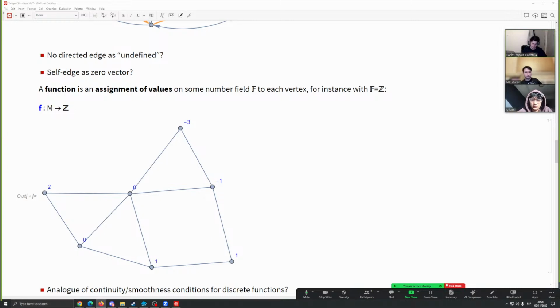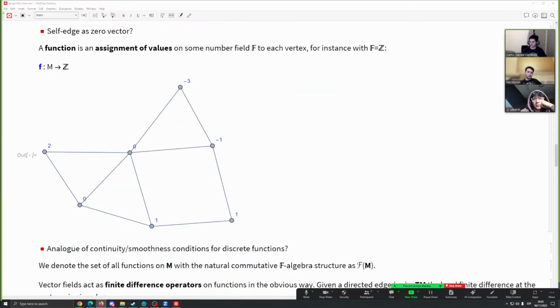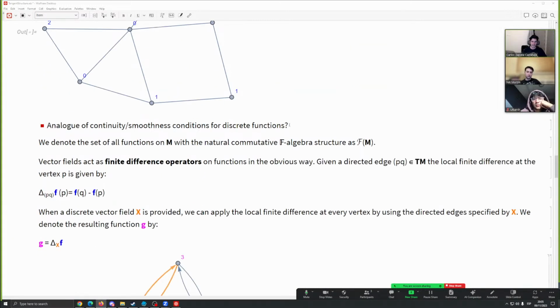This is definitely relevant. Now, what I wanted to take the conversation into before we go into the rewriting, because I find this question here on the screen: what is the analog of continuity or smoothness for discrete functions? I've been thinking about this, and I wanted to throw something to both of you.